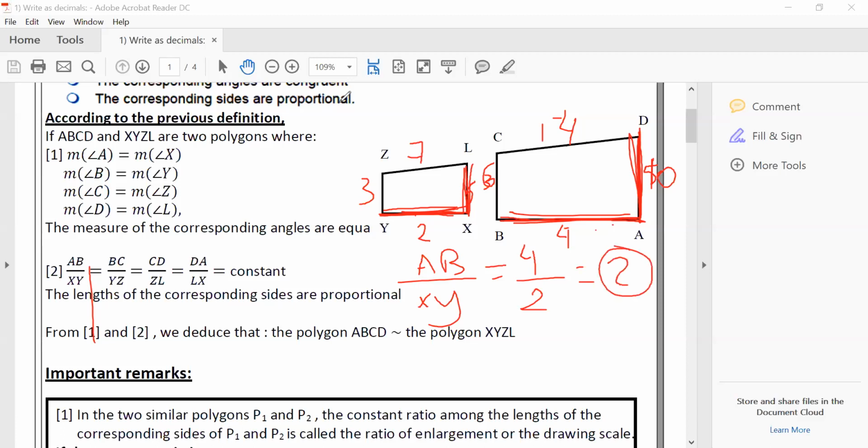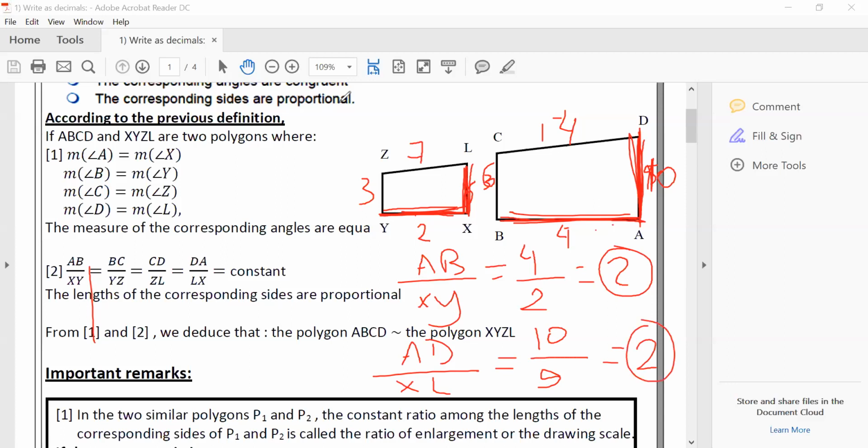What about the ratio between the second side and the second side of the second polygon? I take AD with XL. AD was 10, XL is 5. What is 10 divided by 5? It is equal to 2 also.